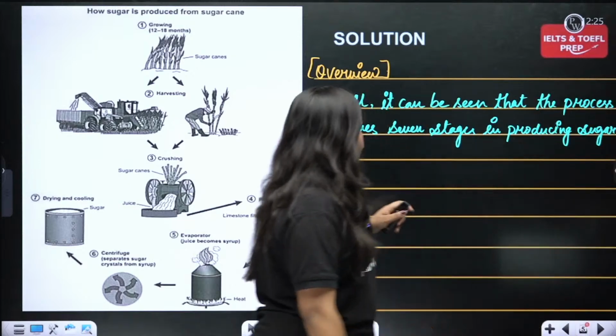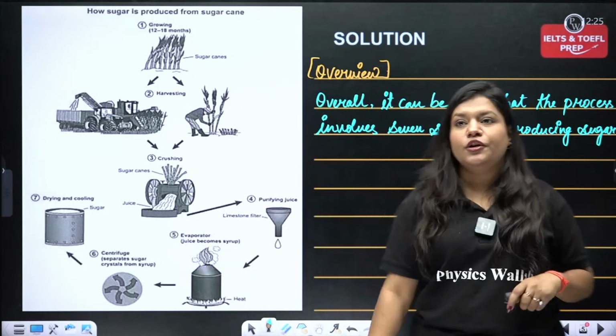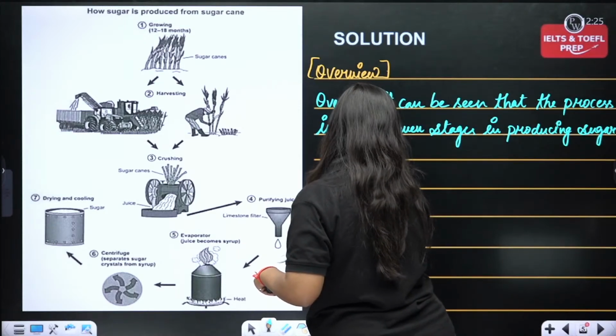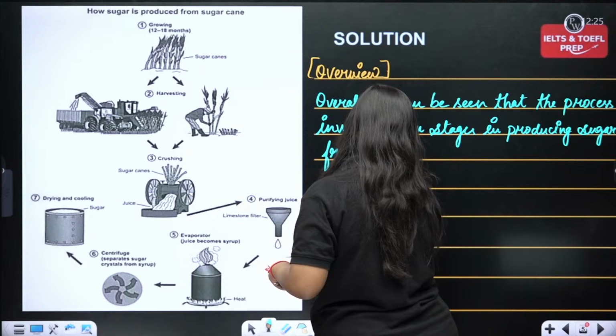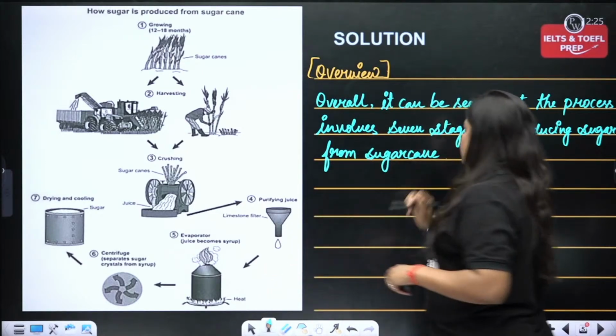Overall, it can be seen that the process involves 7 stages in producing sugar from sugar cane. Clear.